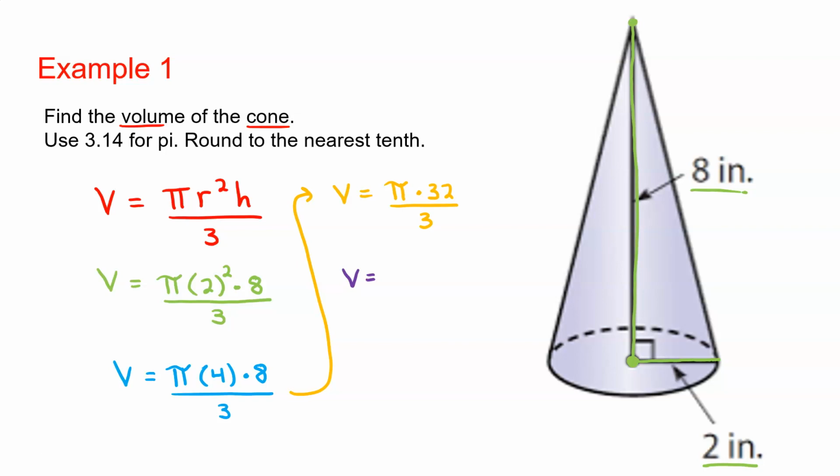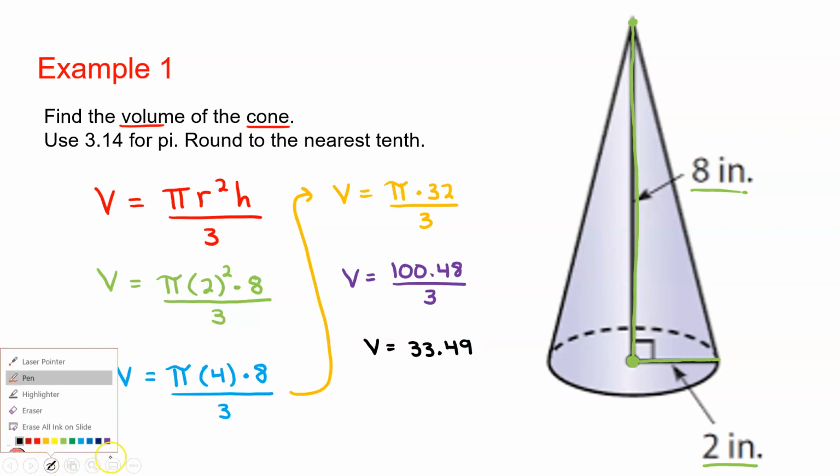I ended up with 100.48, and all of that, we're going to go ahead and divide by 3. So my volume, when I divide that by 3, is equal to 33.493.